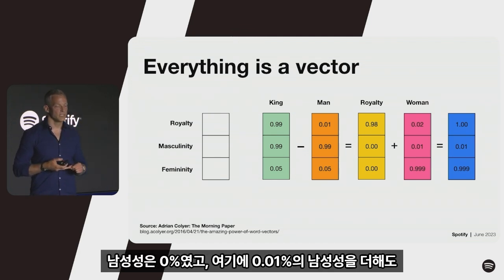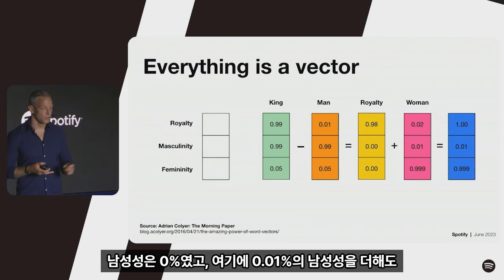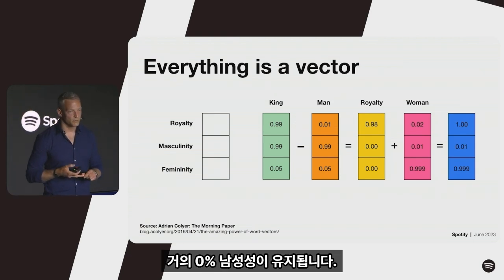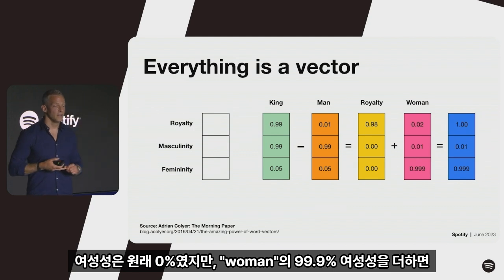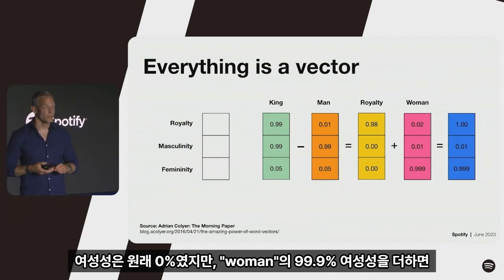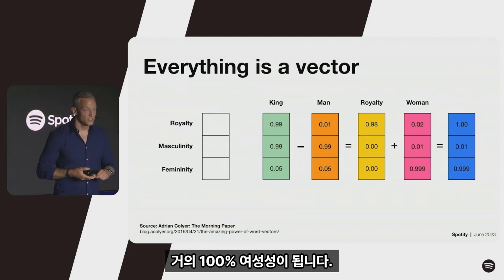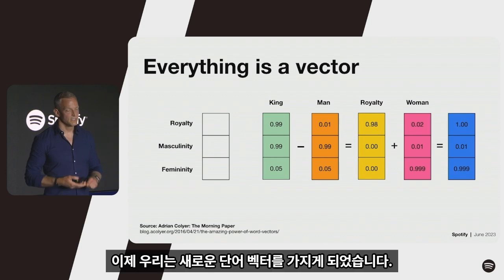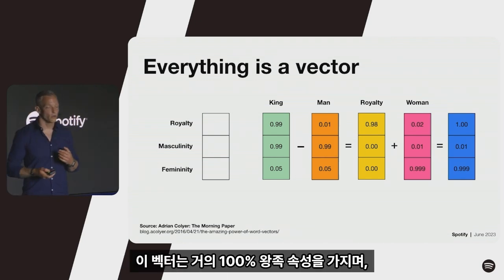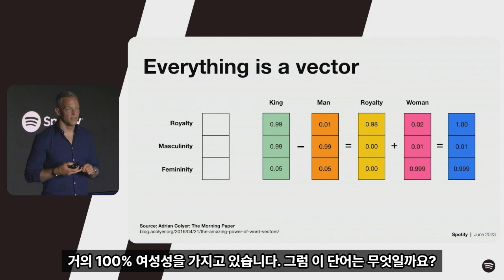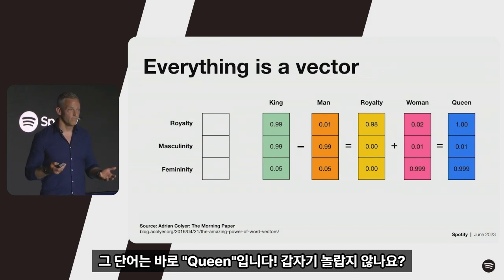We had 0% masculinity plus 0.01% masculinity, so almost 0% masculinity. We had 0% femininity plus 99.9% femininity, so almost 100% femininity. So now we have this new word vector, which is almost 100% royalty and almost 100% femininity. What is that? Well, it's a queen.